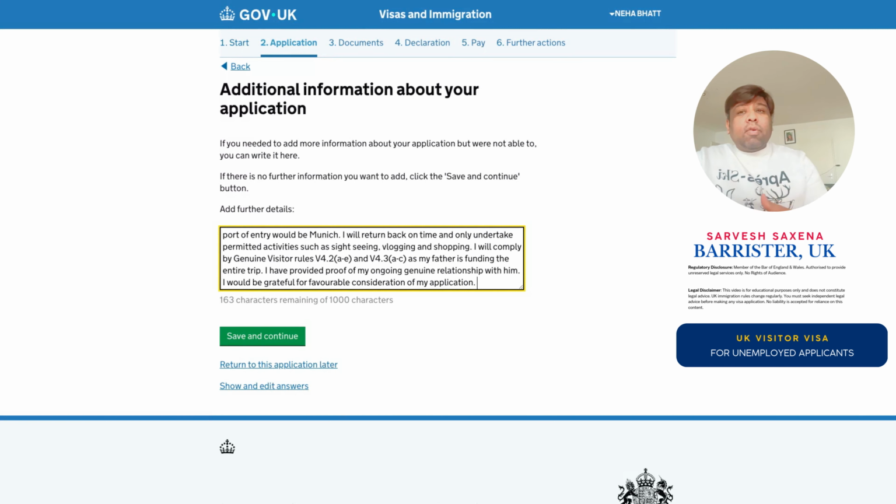But usually what I write here, I write in a structured manner: point one, two, three, four, five, six, and then I show how I meet each and every requirement in order to prove my application under the UK rules.